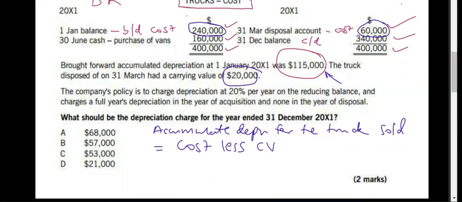In this case the cost was as given in the T account, $60,000 minus the carrying value of 20,000. Therefore, the accumulated depreciation is equal to $40,000.